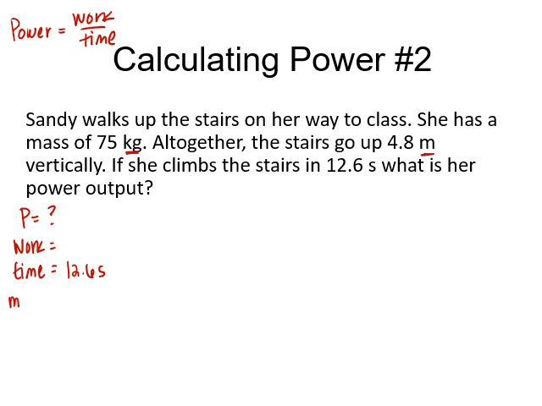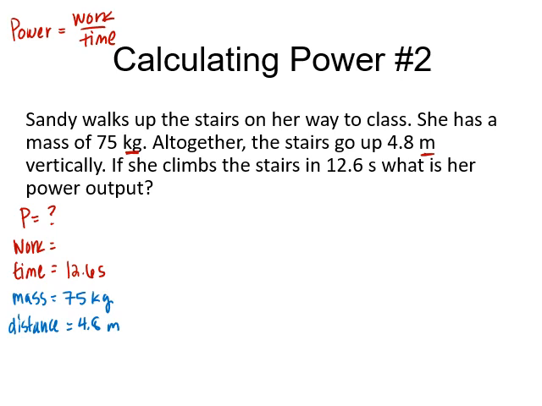Kilograms is going to be a form of mass, so mass equals 75 kilograms. And we're also given a distance of 4.8 meters. So how do mass and distance relate to work? That's the question that we need to answer.